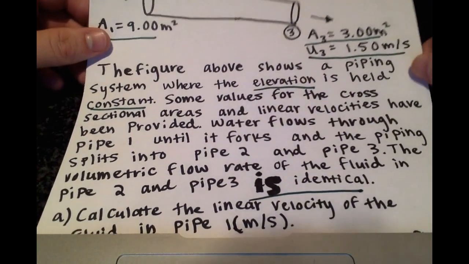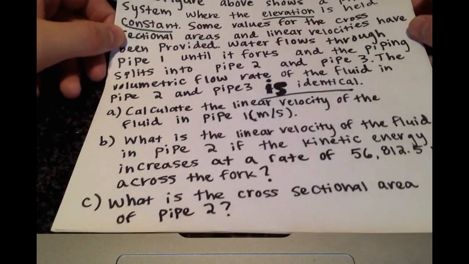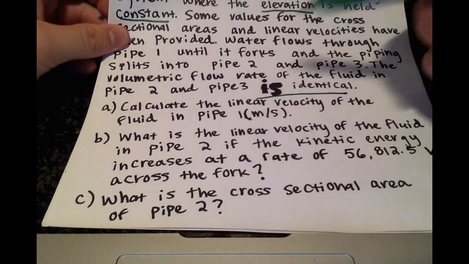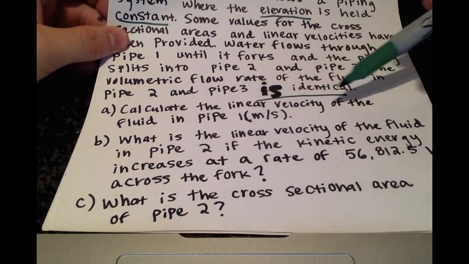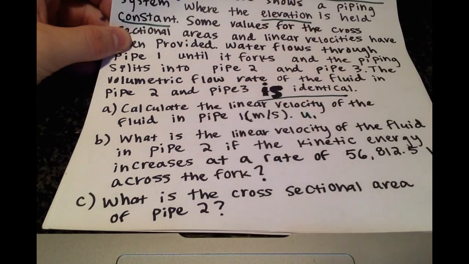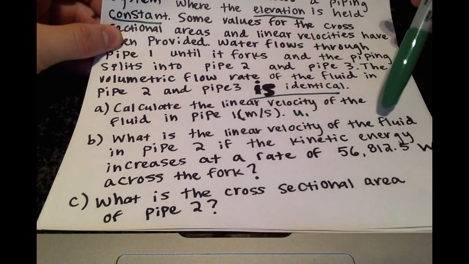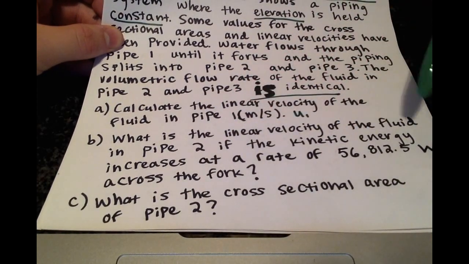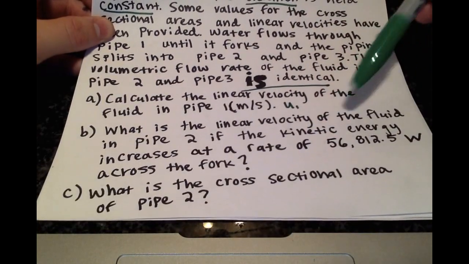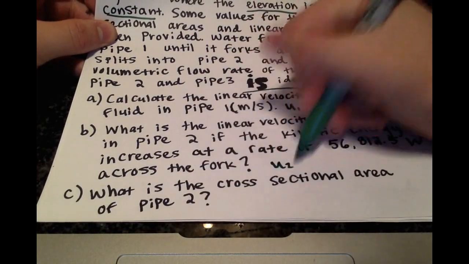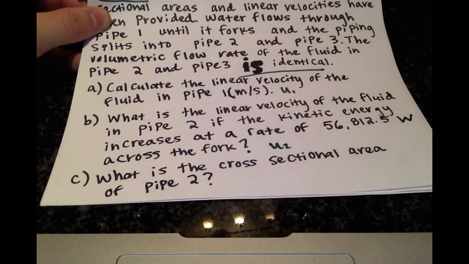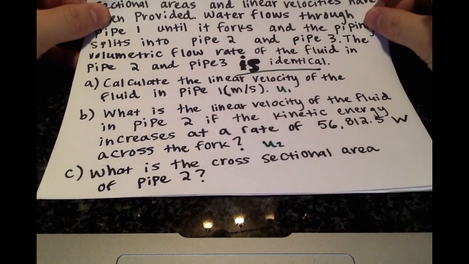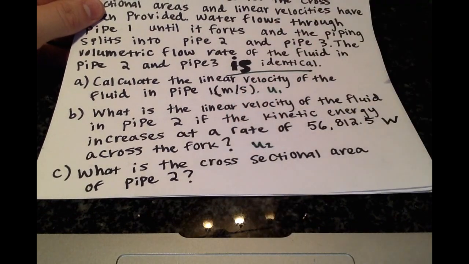Alright, and we have three different things we want to calculate. First, the linear velocity of the fluid in pipe 1, U1, and then the linear velocity of the fluid in pipe 2, and we're also given some information about the kinetic energy, so we want U2.